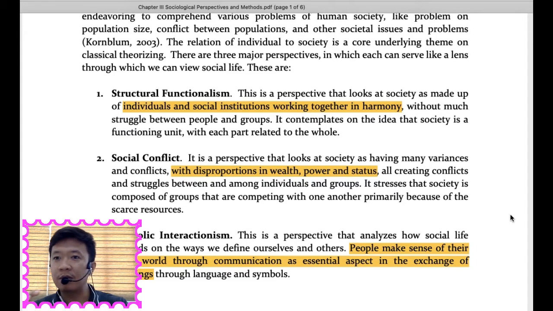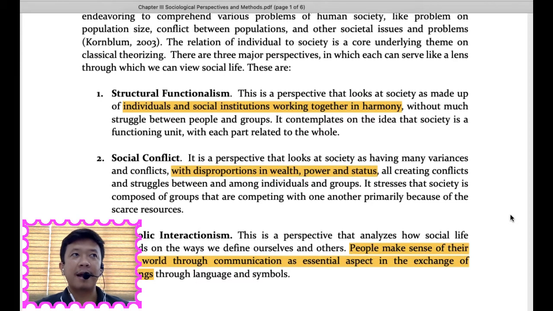And lahat-lahat ng mga struktura, structured patterns of interaction, they function to create a stable society, which is what we call in structural functionalist terms as equilibrium.